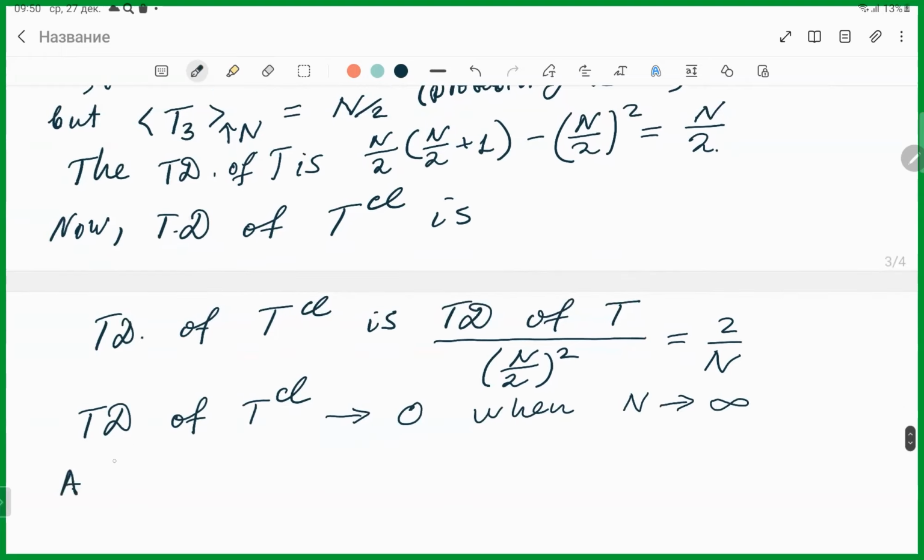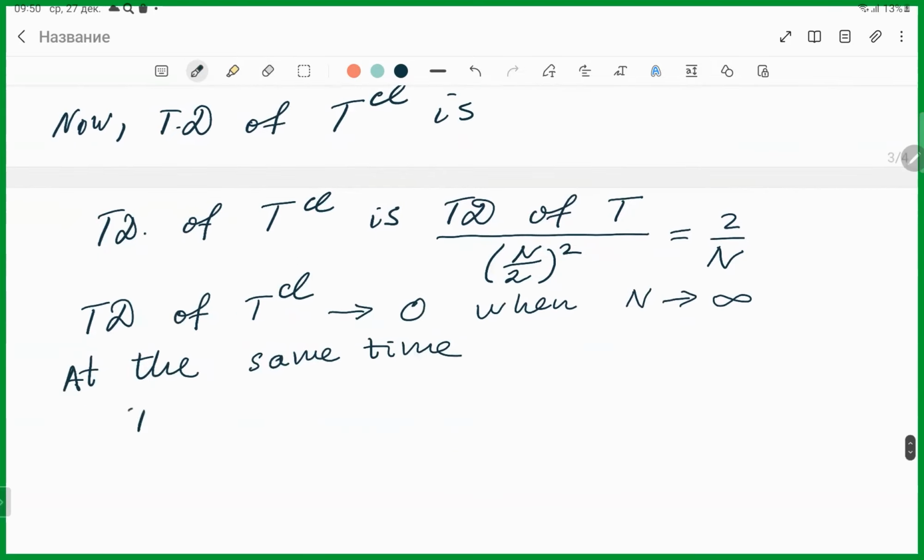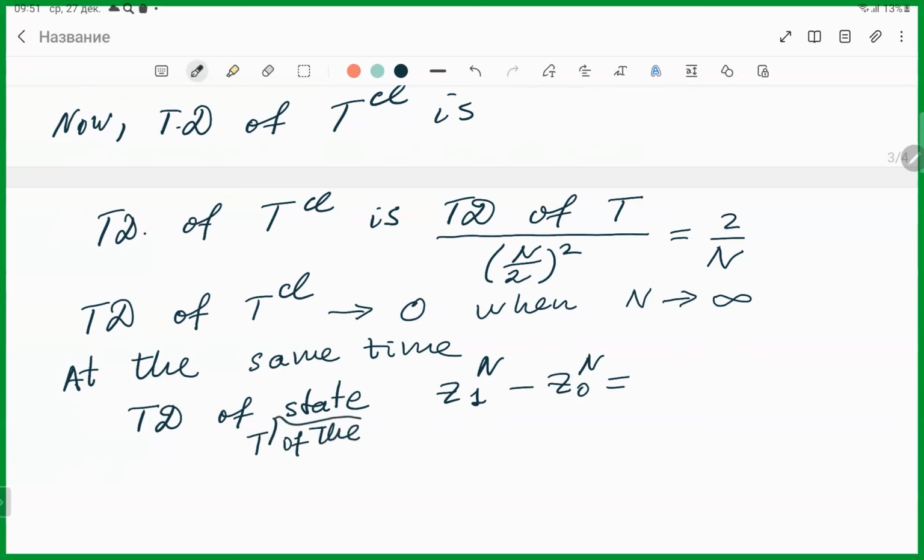At the same time, the total dispersion of the state z1 to the power n minus z0 to the power n, the total dispersion of T of this state, equals its maximal value.